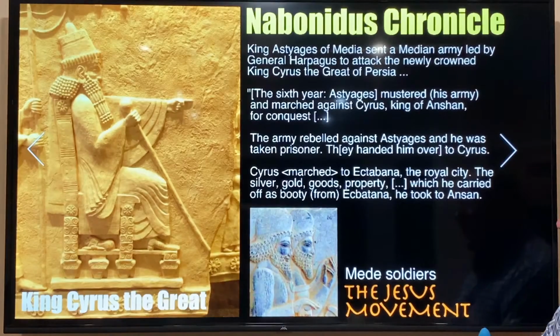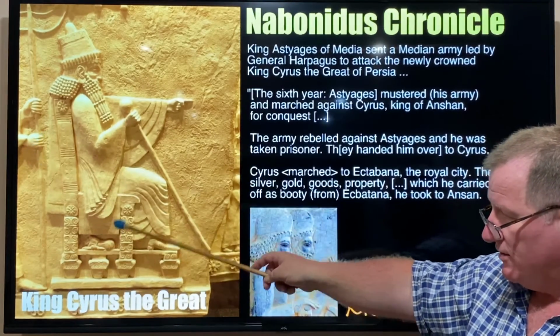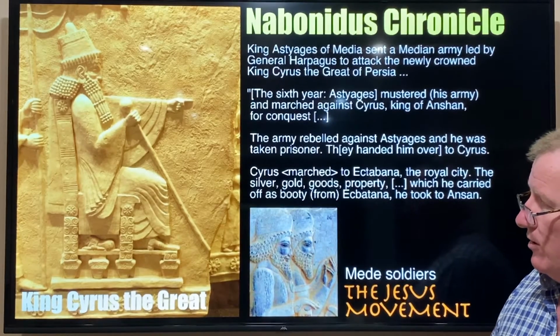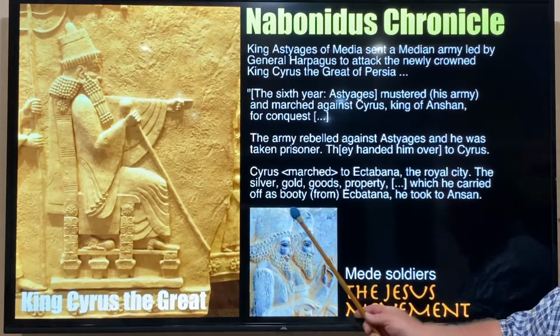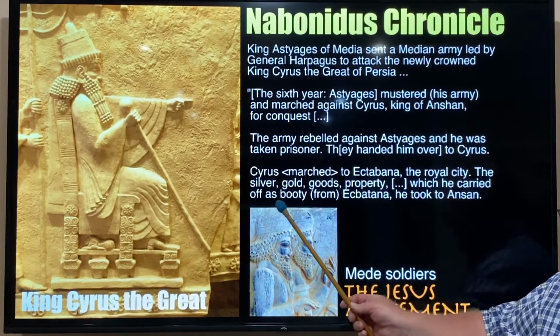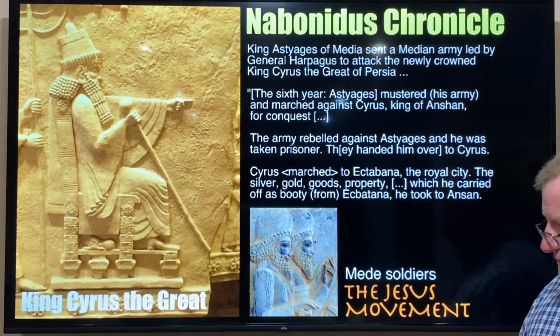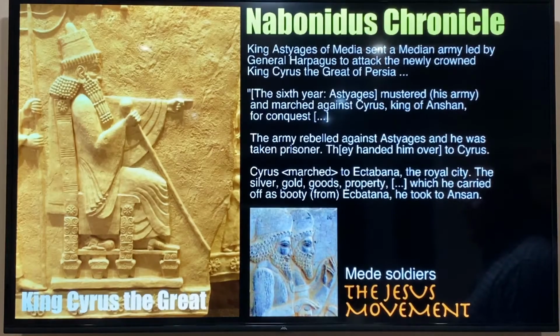And so this is a picture of King Cyrus II, or King Cyrus the Great, who we know in the Bible. So this is him sitting on his throne. This small picture here is a picture of Mede soldiers, and they are actually all defined in history by a different form of headwear. Their beards and their clothing has variations in it, and so we can actually determine exactly whom they all are.